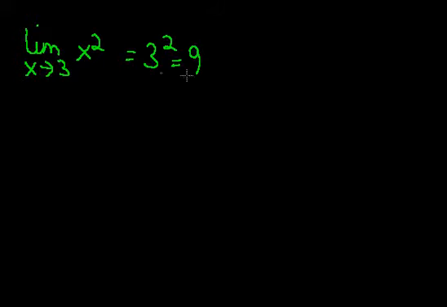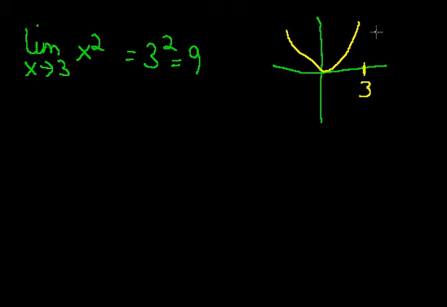The reason is that the ones we've dealt with so far are problems like, if we graph x squared, it looks something like this. When x equals 3, right here, the value is 9 over here. This is 9, because 3 squared is 9.